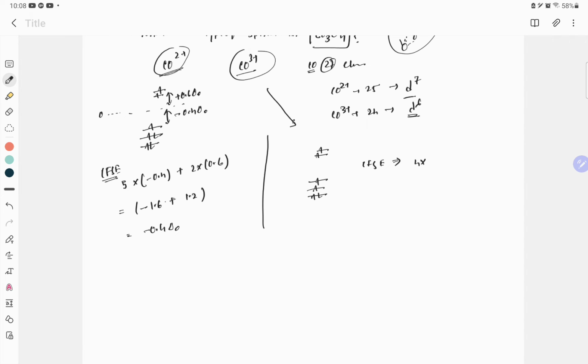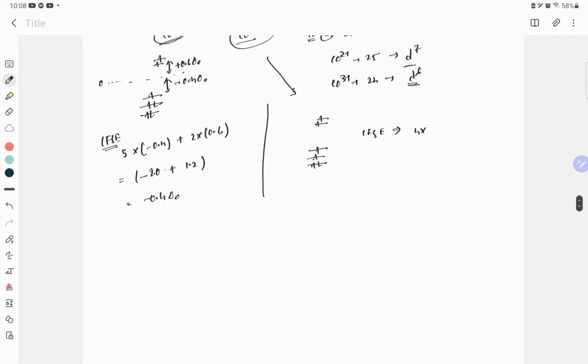This will be 5, so this will be 2.0 and this will be minus 0.8 delta 0.